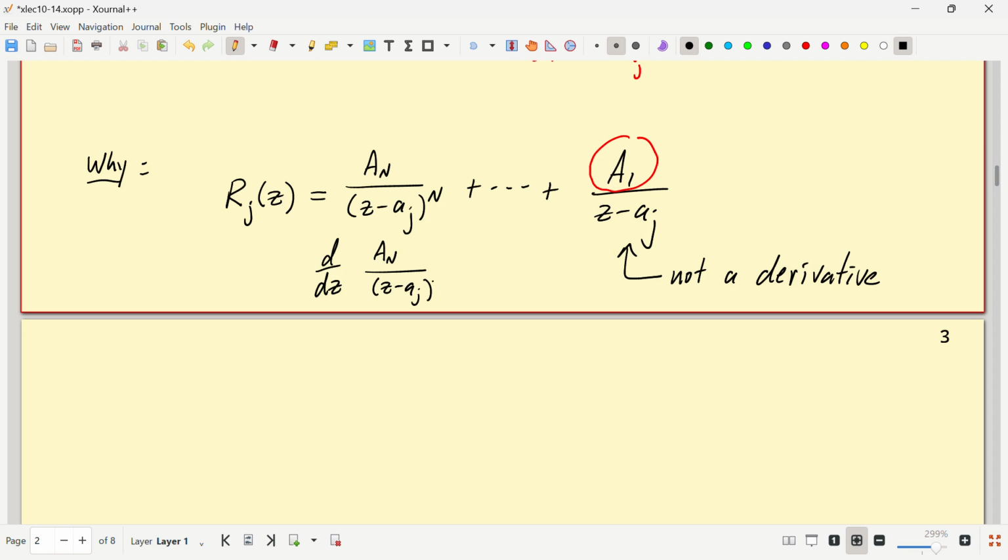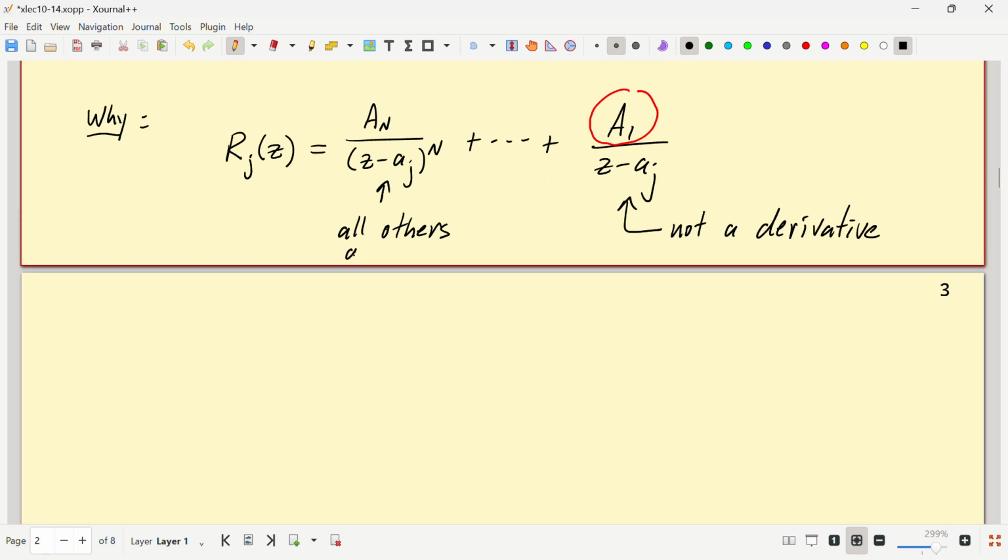You know what it is, I'm not going to write it. This is a derivative. So all other terms are derivatives of something, and the fundamental theorem would say that those integrals integrate to 0 by the fundamental theorem of calculus, because that's a closed curve.